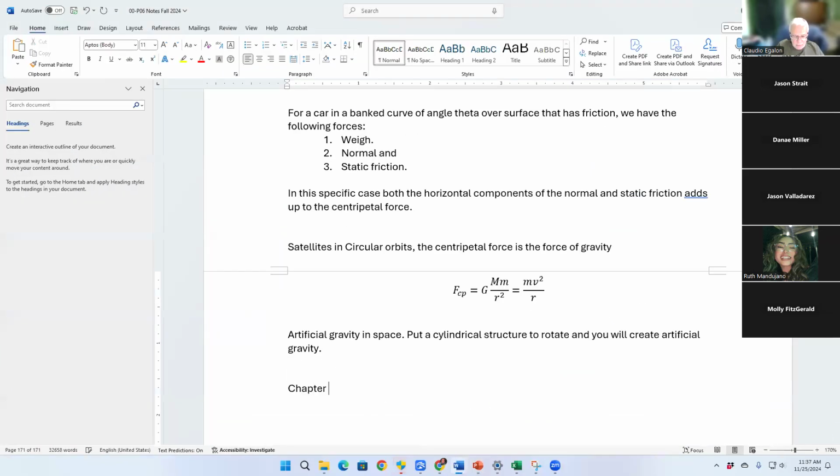Chapter 6. Work and energy. Definition of work.